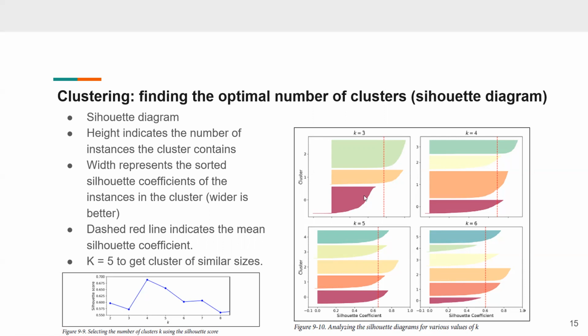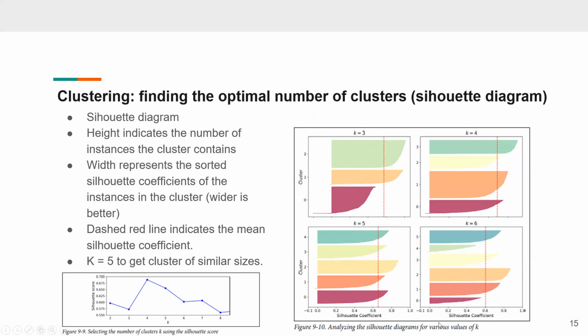And the next thing we want to see is the height, which is the number of observations that belong to this cluster, and apparently this cluster is much bigger than this one. In our case, we want to select the number of clusters that have more or less similar sizes, a similar number of observations in each cluster. So in this case, we find that k equal to 5 is really the best. It has multiple characteristics.